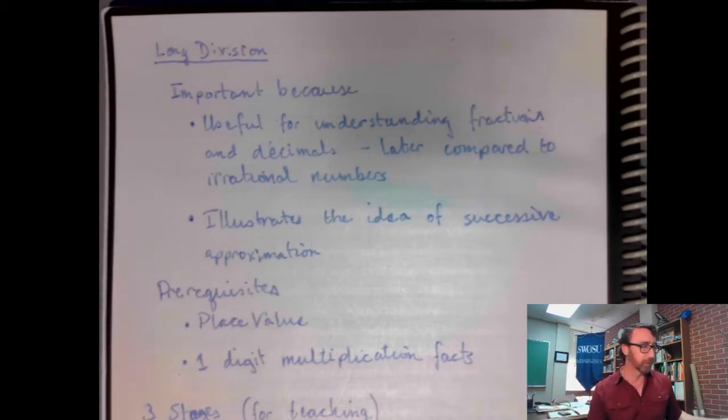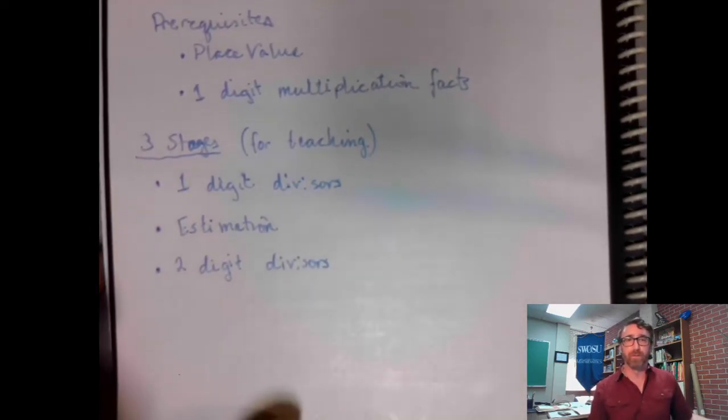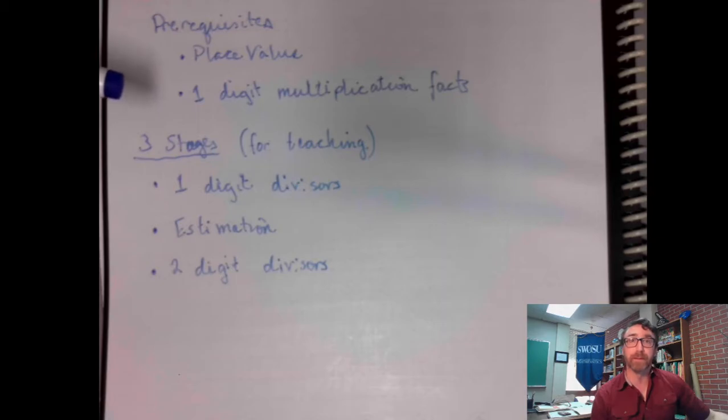Okay, so as far as the prerequisites for getting students into the division algorithm, they need to really understand how place value works. All the stuff that we've done up to this point has had a place value emphasis. And of course, they need to know their one-digit multiplication facts.